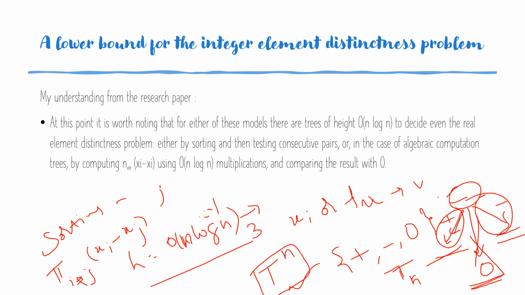Basically what they are trying to do is get the difference of two elements from the array and multiply the differences.